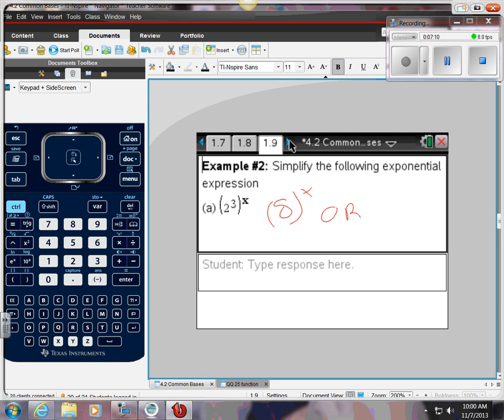Or we could use our power raised to a power. So 3 times x is? Those are the 2 different answers for simplifying our expression. So either we can evaluate 2 raised to the third, which is 8, or we could use power raised to a power. We could have 2 to the 3x. Questions? No? Does that make sense?